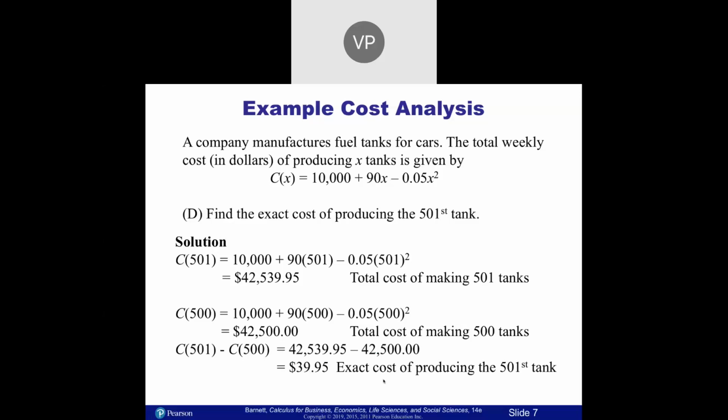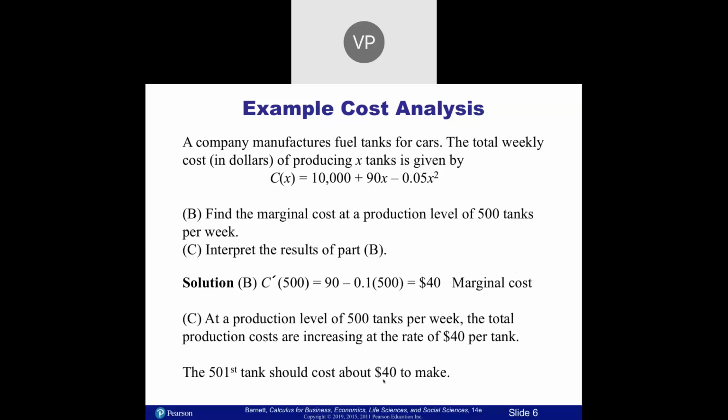So remember, we estimated by the derivative it would be 40. And notice, the derivative is a much easier way to do this. We just take the derivative, which is not that hard now that we know our trick, and plug in 500, which is a lot easier equation. You look at this derivative, it's a lot better than the original equation because the powers are lower. We have fewer terms. We plug in the 500 right here, we get $40 pretty quick.